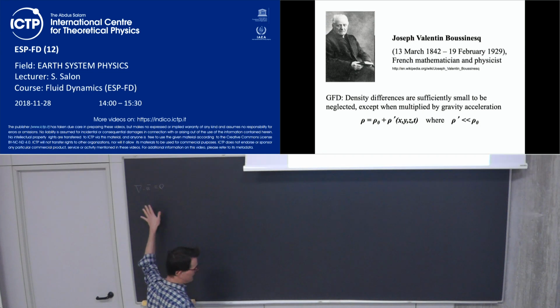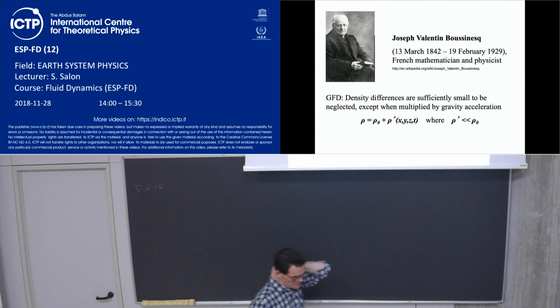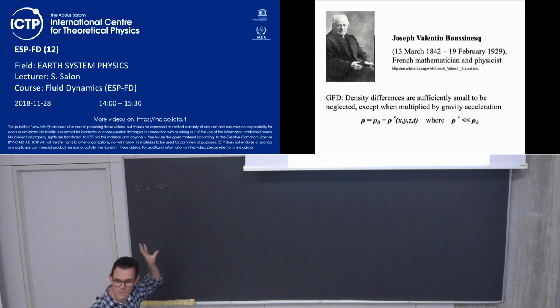So this is actually very useful. And we use practically some sort of scale analysis to reach this point. So we analyzed the different terms of the equation. In the book by Cushman, you will find a slightly different approach, but more or less it's the same.